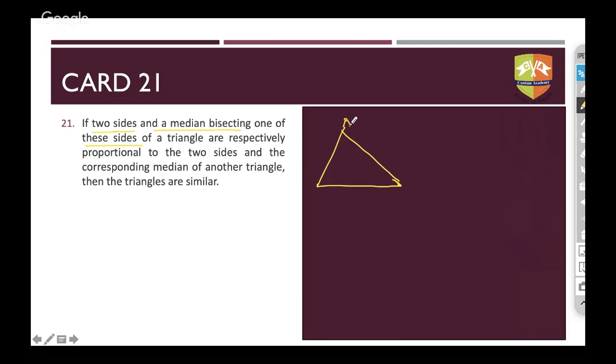Let's say A, B, and C. Let's pick AB and AC, these two sides, and a median bisecting one of these sides.